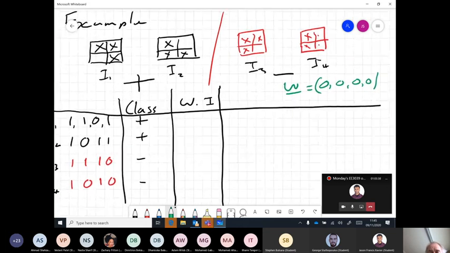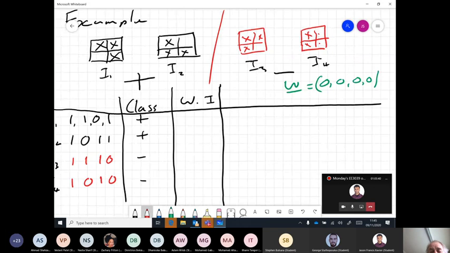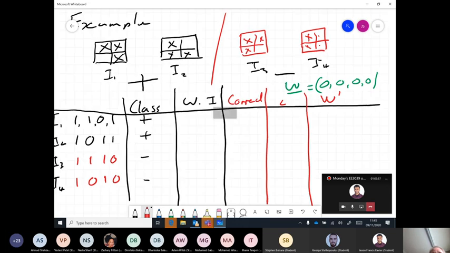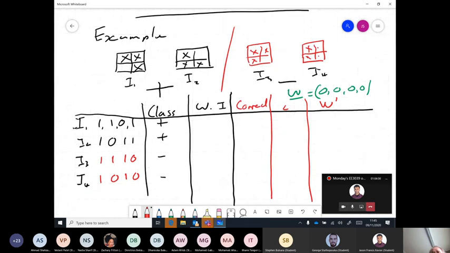let's add another column here. The next column is going to be C, and the next column is going to be the updated weight vector, W prime. Right. With 0, 0, 0, 0, the scalar product with the first pattern is obviously going to be 0.